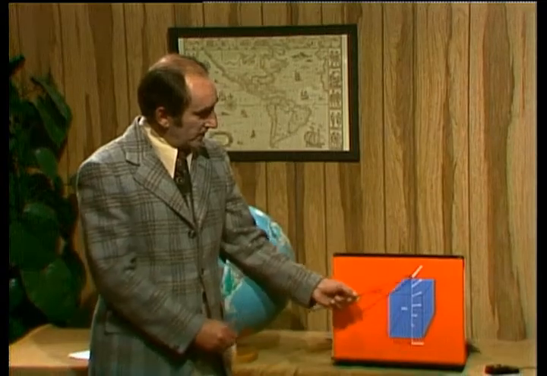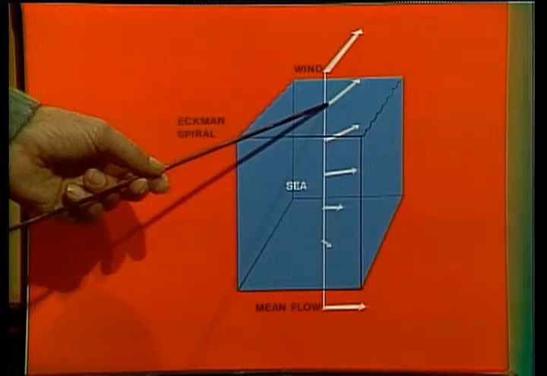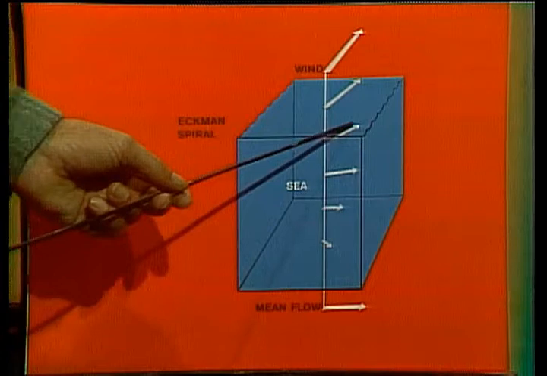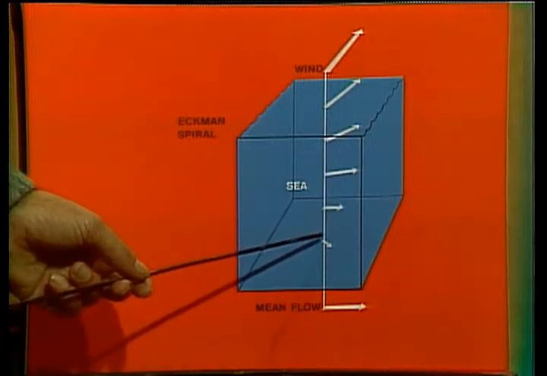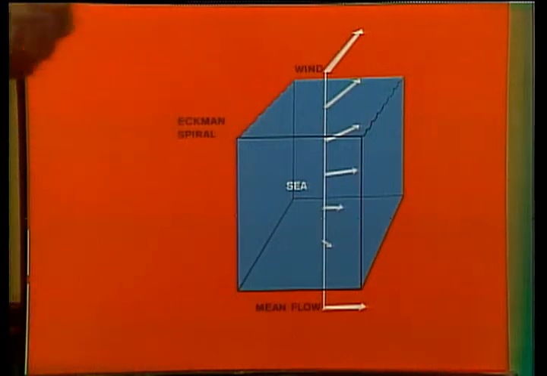So here we have the wind, the surface water going this way, and so on down through the ocean, and we'll gradually get this move. And this is called an Ekman spiral.